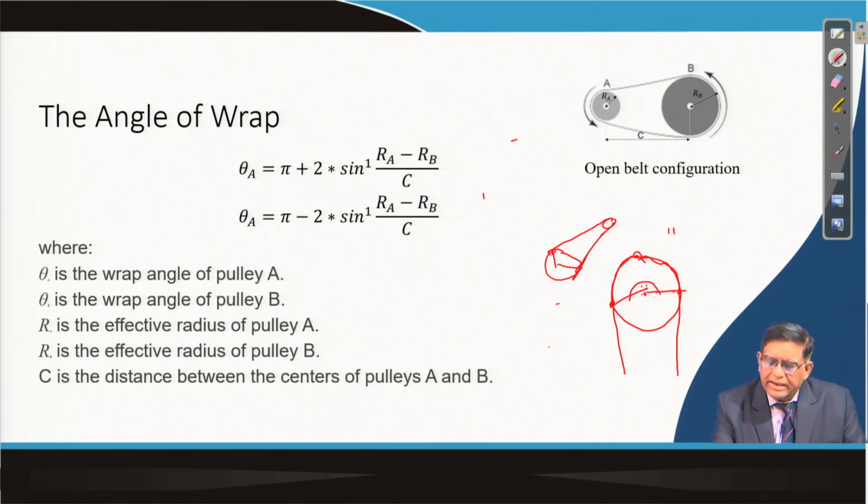So, this angle increases, but here it decreases. That is why you can remember these equations: the difference of the radii, and then the distance of separation between the two, affects the angle of wrap.